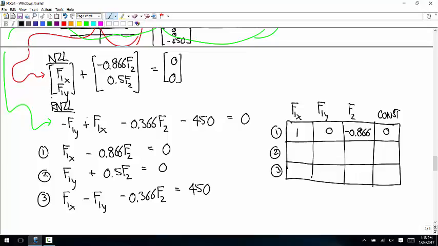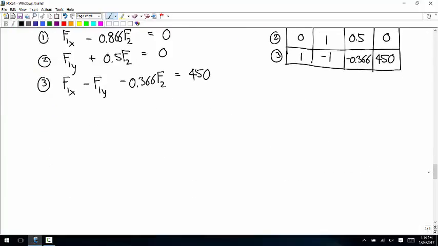The other two are zeros. Equation 2 says F1y's, we have 1. F2's, we have 0.5. And the other two are zeros. And equation 3 says F1x, we have 1. F1y, we have negative 1. F2, we have negative 0.366. And the constant is 450. Remember, you have to move that constant to the other side of the equation, or all your answers are going to be backwards when you do this.